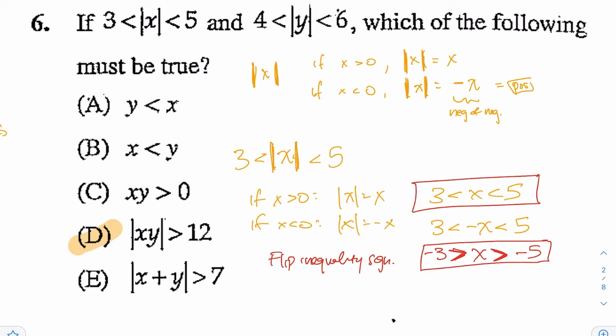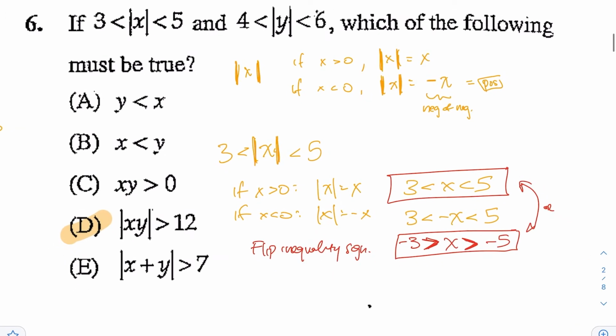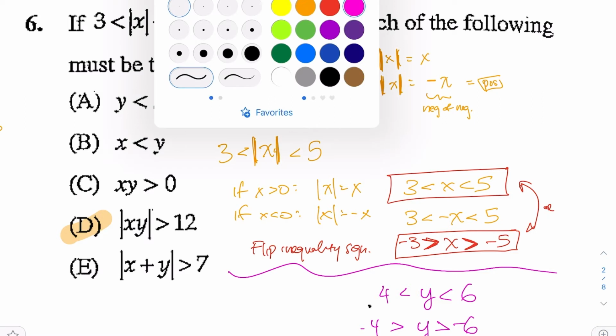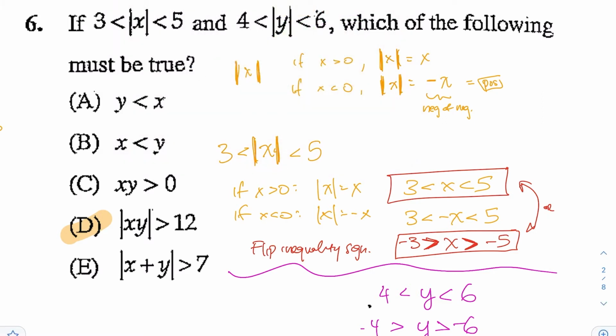So you have 2 solutions, or 2 ranges of solutions here. And the same is true for the y. So for y, it would be between 4 and 6, or -4 and -6.